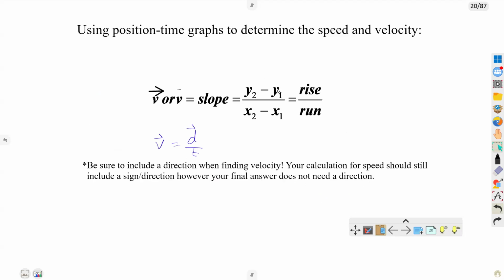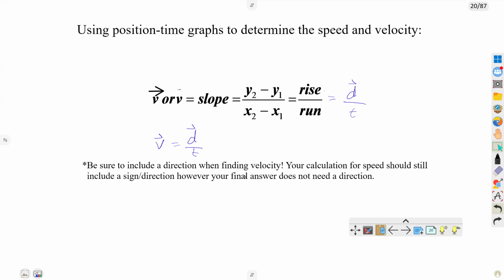So in this case, the rise, which is the change in the y-axis, is going to be our displacement if we're trying to find velocity. And then our time is going to be on the x-axis. So the run, the change in the position on the x-axis, will give us the time there.